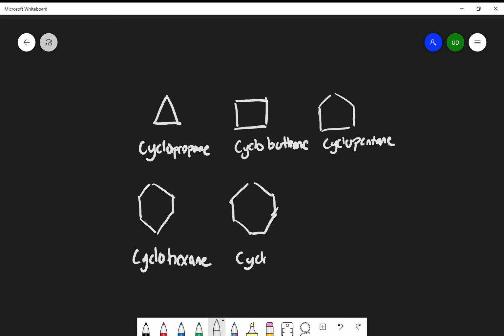There's 7 here, so this is cycloheptane. And then the octagon, which would be octane, cyclooctane. Okay.